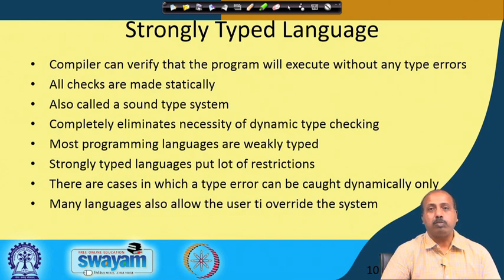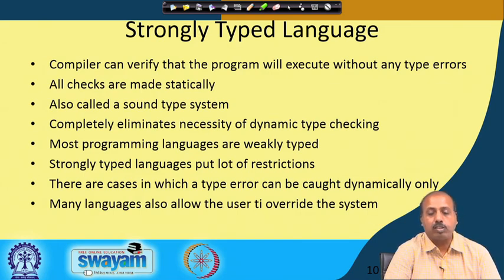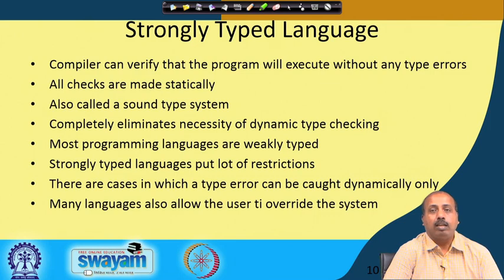Now, if you look into the languages, they can broadly be divided into two classes. One class is called strongly typed language, where all the variables, all the functions, all the identifiers that you have in the program have their types well defined. Either they are explicitly defined or they are implicitly defined. Why do I say so?